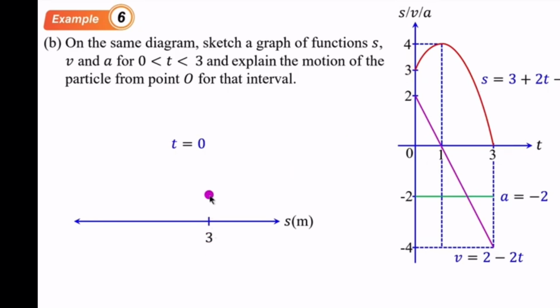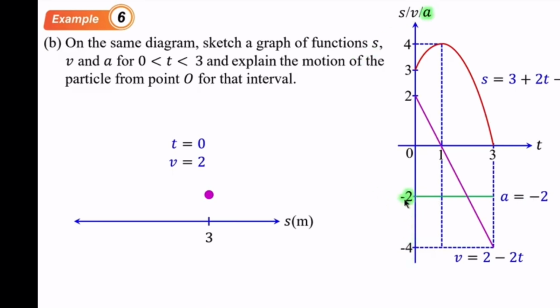So we will use the number line to explain. At the time t equals 0, the particle is actually displaced 3 meters, right? So it starts at 3 meters from the fixed point, and then after that, when t equals 1 second, the particle will actually move to another place, which is 4 meters to the right.